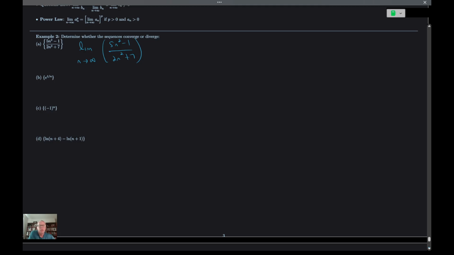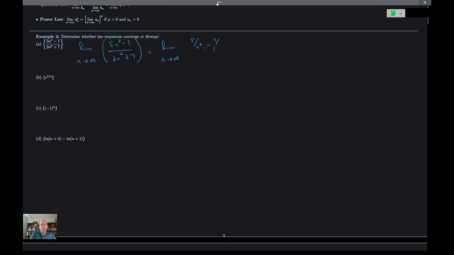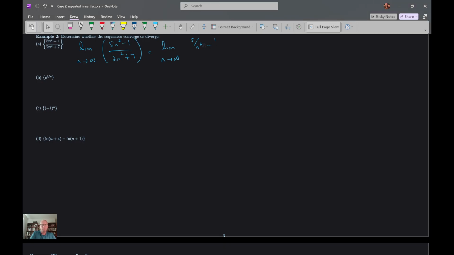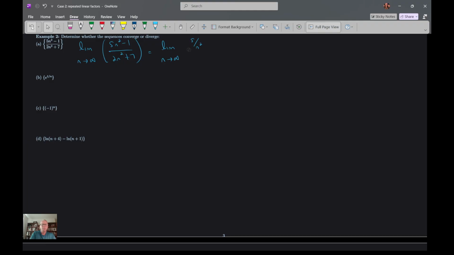What happens? If you remember from Calculus 1 how to do this, we're going to take whatever the biggest exponent with an n is. So in this case, we have n^2. We're going to divide every term by n^2. So 5n^2 over n^2 will just be a 5.